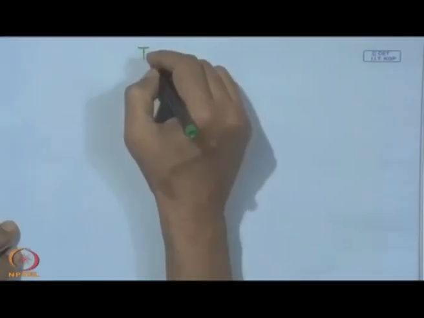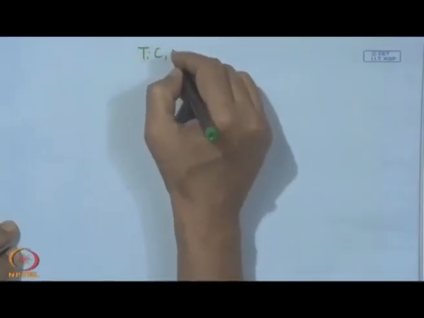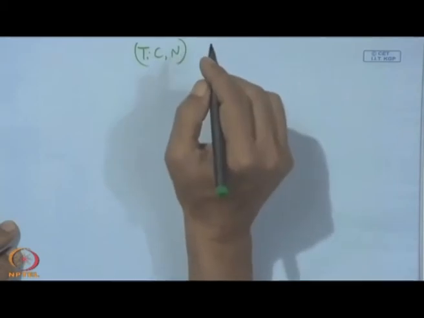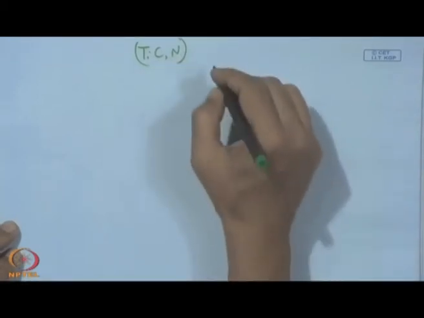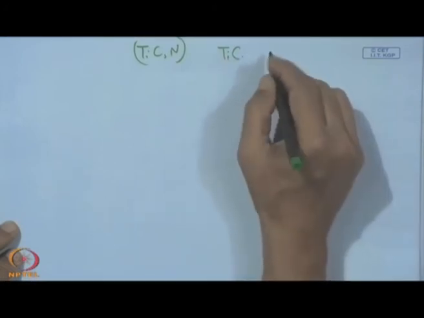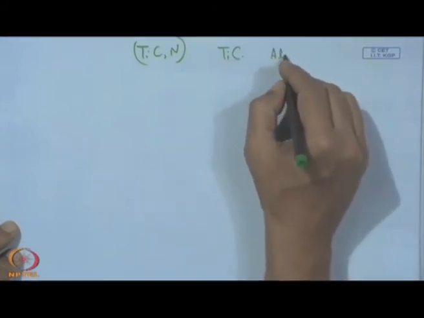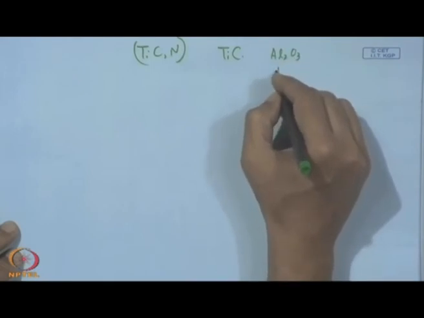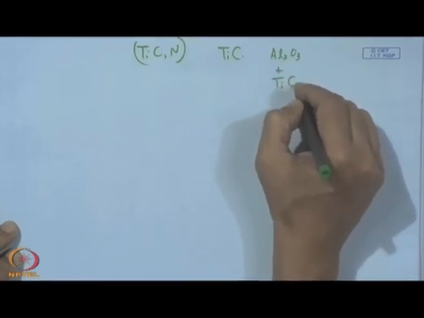Now, performance of the coating clearly means here that this coating of TiCN has to compete with the conventional coating, that means conventional TiC coating or conventional aluminum oxide plus TiC coating.